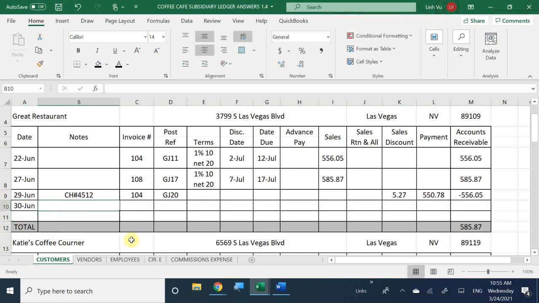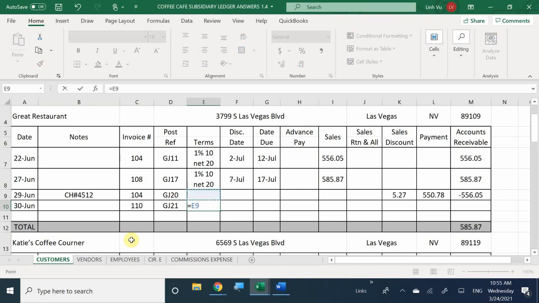So it is June 30th. Okay, invoice number 110. General Journal 21. All right, his terms are the 1% 10. Actually, it's Super A market, isn't it? Yes, right. It is Super A market. My bad. Let me clear all this out.